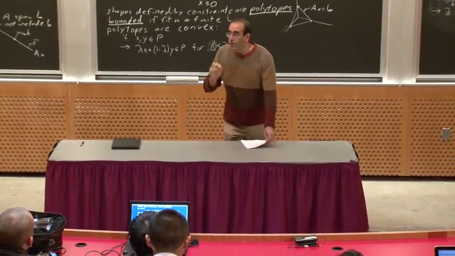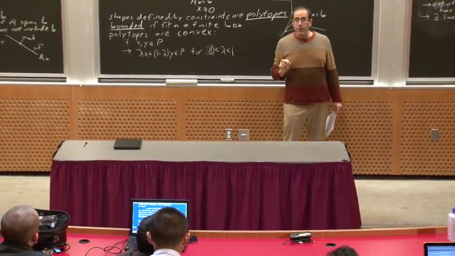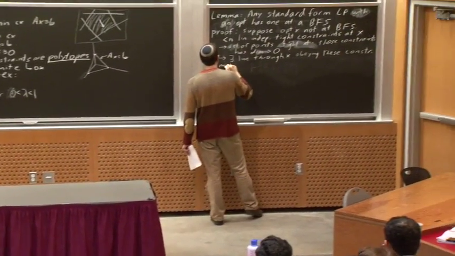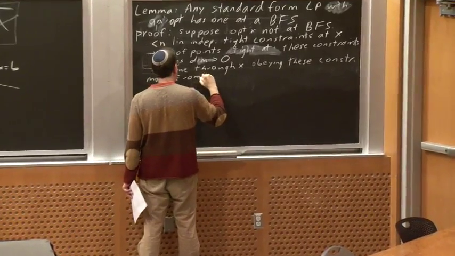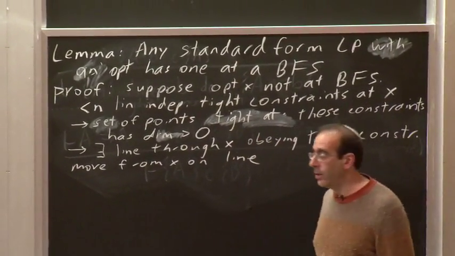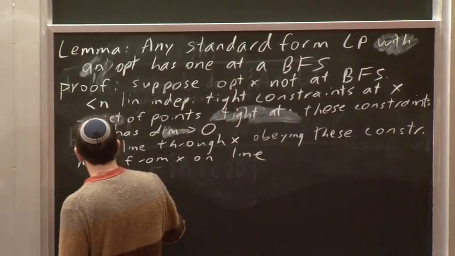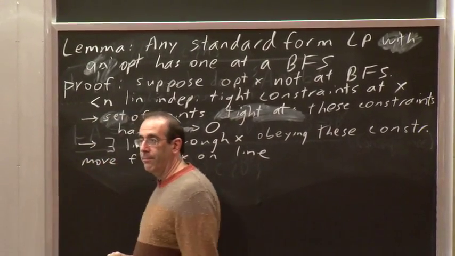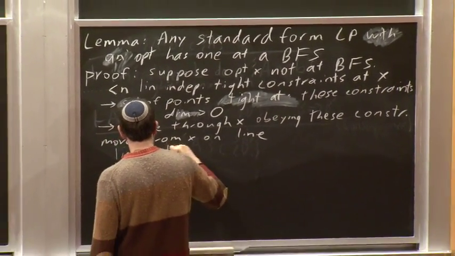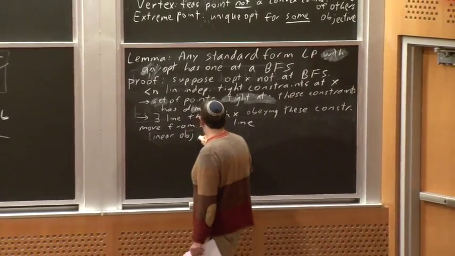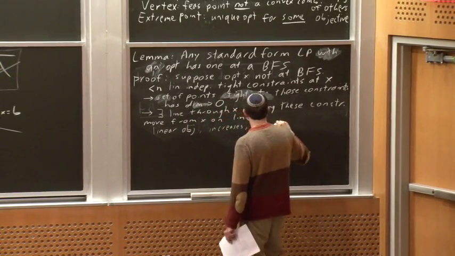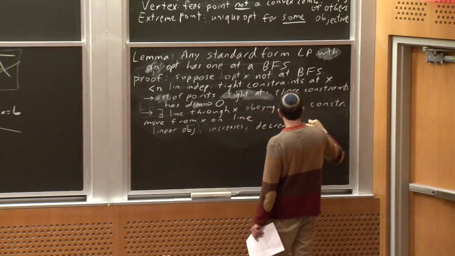Okay. So now as we look at what happens when we move back and forth on this line, well, we have this linear objective function, right? So let's move from x on the line in one direction or another. What can happen to the objective function? Well, it's a linear objective function, and so it either increases or decreases or is unchanged.